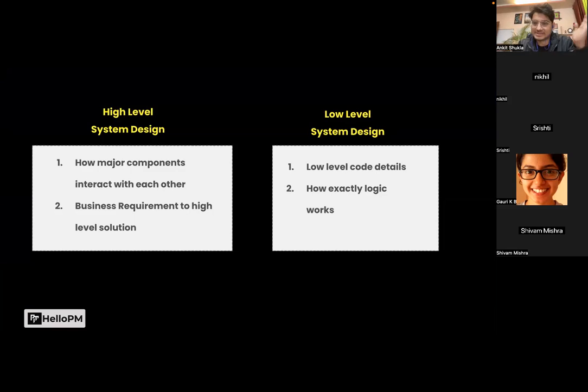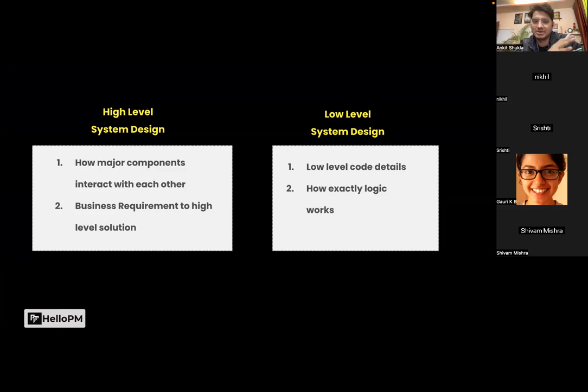Then, to give you some of the differences between HLD and LLD, HLD is simply about how major components are interacting with each other, and it is mostly about understanding business level requirements and converting them to high level solutions. Okay, so you as a product manager can go to your CTO or your engineering manager. You explain the requirement to them, and they will be able to make a plan as in, yes, this is what should happen.